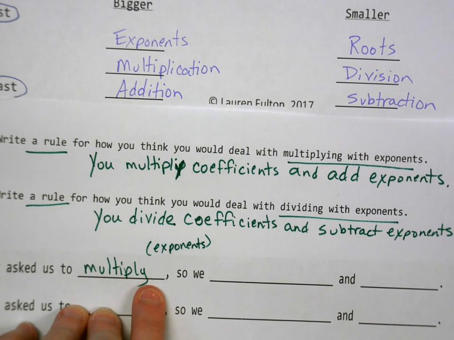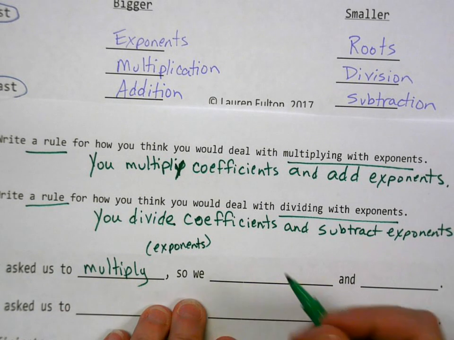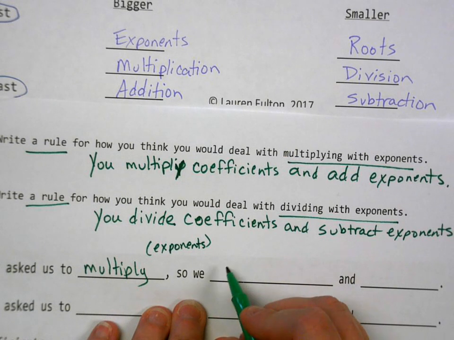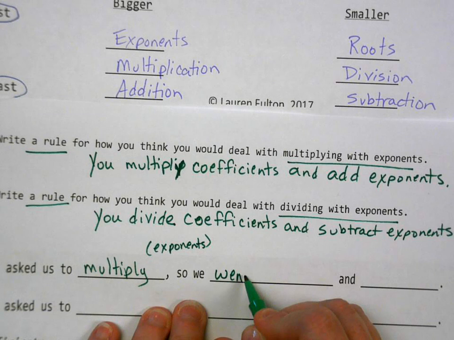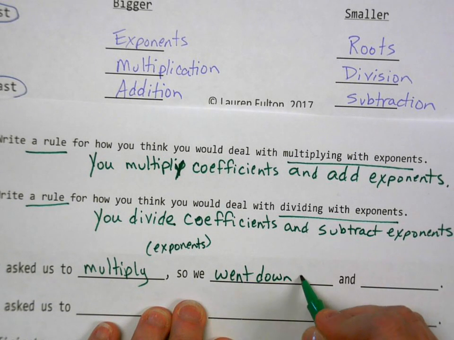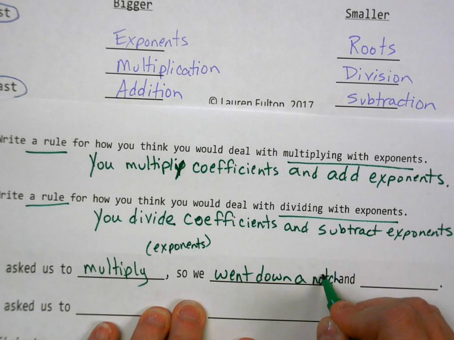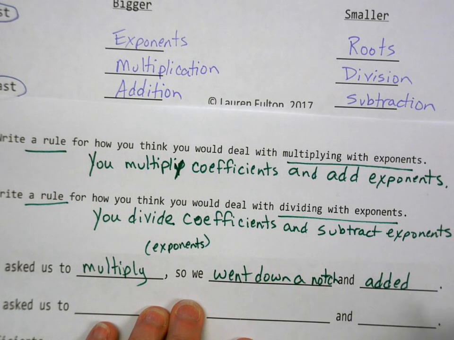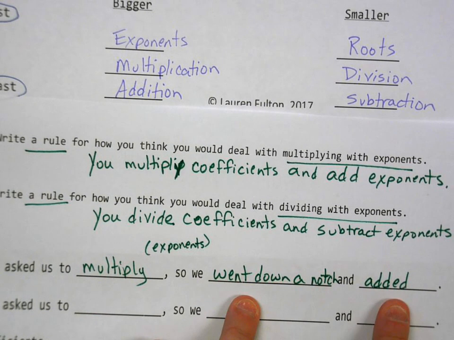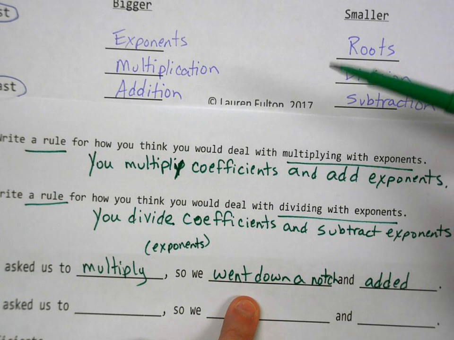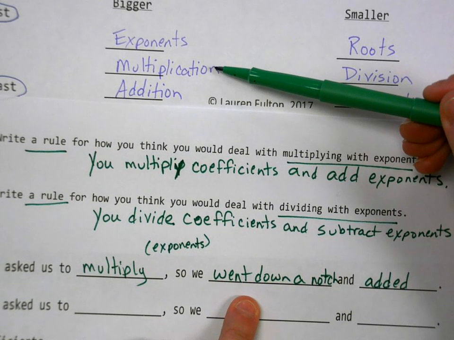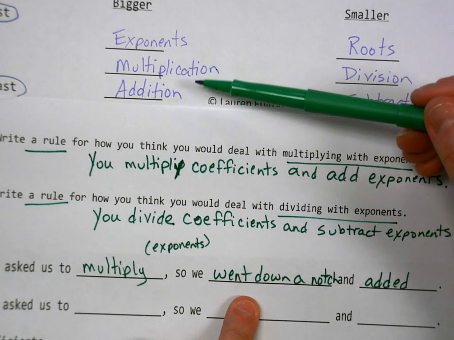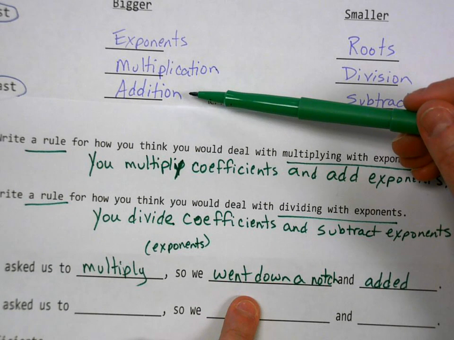When they asked us to multiply, we went down a notch and added. Down a notch. Okay, so if we're multiplying exponents, then we're going to go down a notch and we're going to add the exponents.